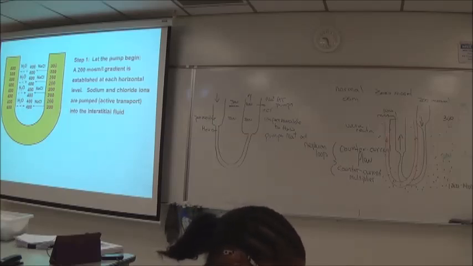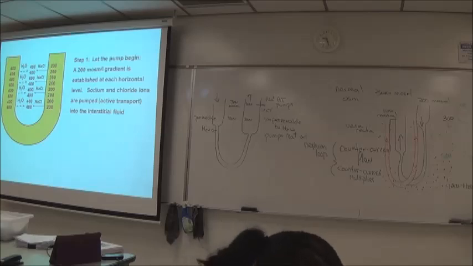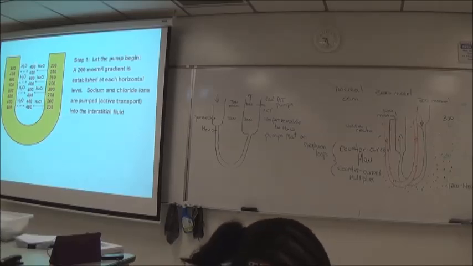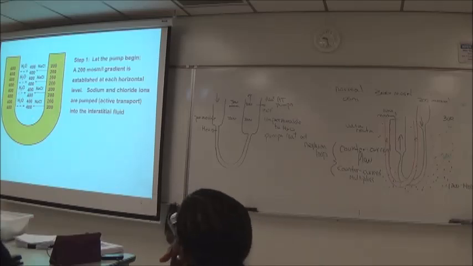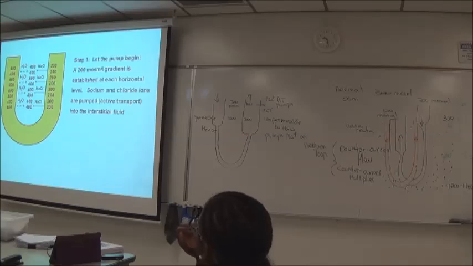And so now you can see that the ascending limb is 200 milliosmoles lower in osmolality than the extracellular fluid, and that the descending limb is the same osmolality as its surrounding fluid because water can leak. Another thing, the ascending limb is becoming hypoosmotic.